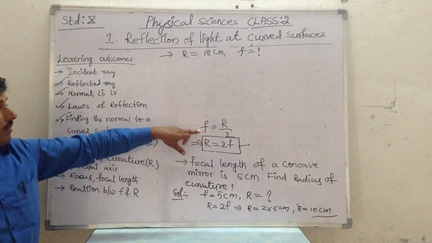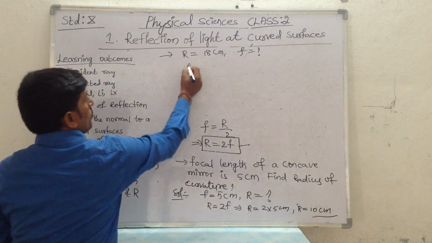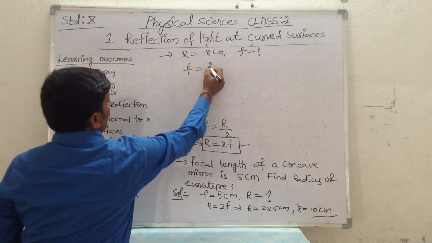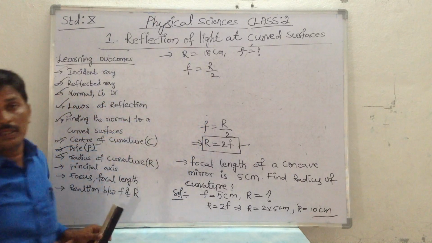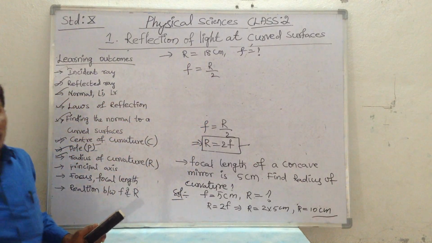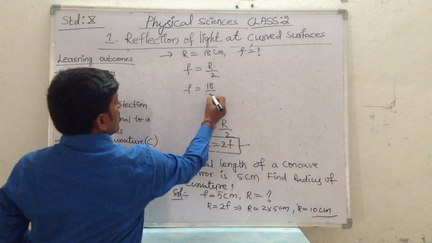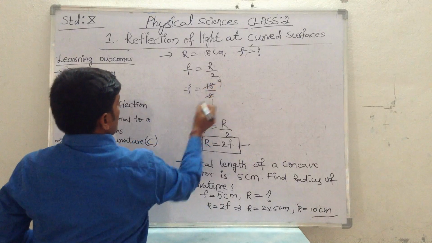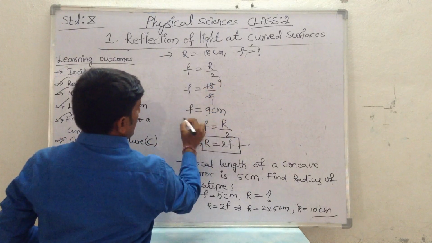We already have the principle f is equal to R by 2. The given value of R is 18 centimeters. So f is equal to 18 by 2. Two nines are eighteen. So the focal length of the given mirror is 9 centimeters.